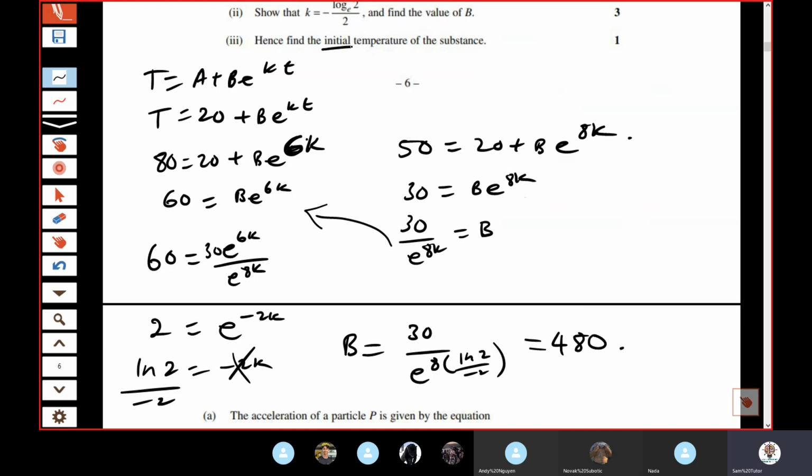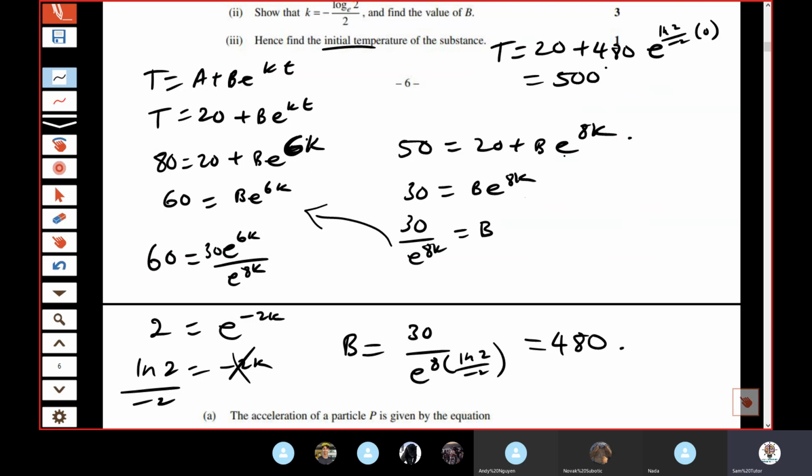Hence find the, obviously, hence find the initial temperature. So initially, temperature equals A plus B e^K, and then time is 0. So initially, it's at 500 degrees.